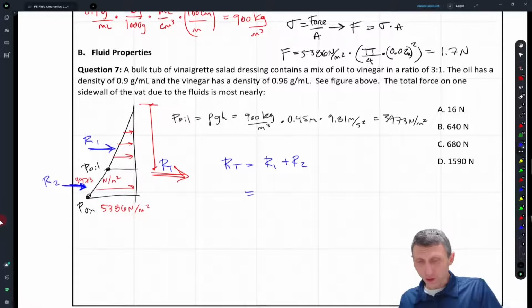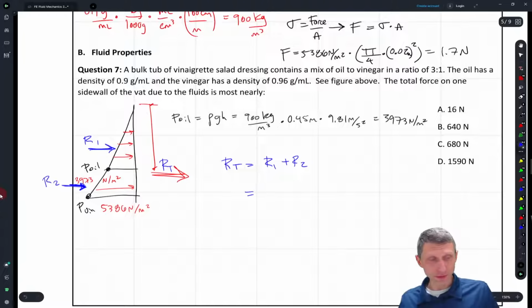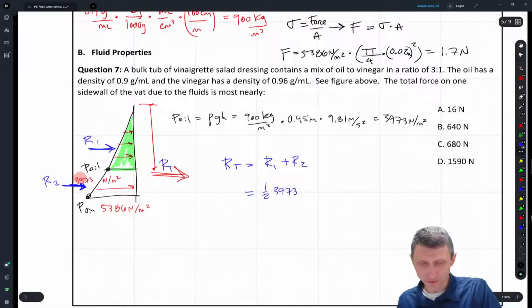So R1 is going to be this triangle. The area of a triangle is 1/2 of the base times the height. The base is 3973 newtons per meter squared, times the height.